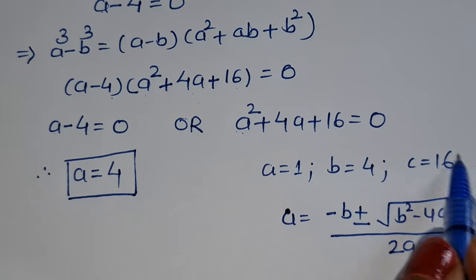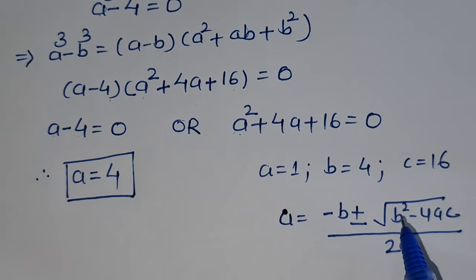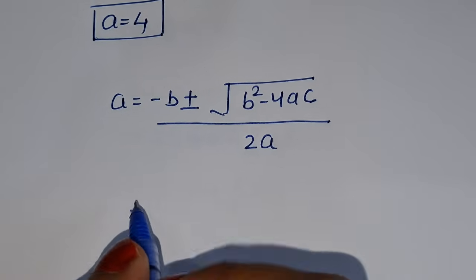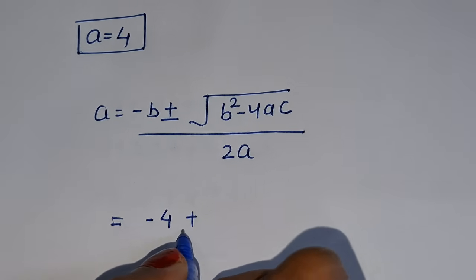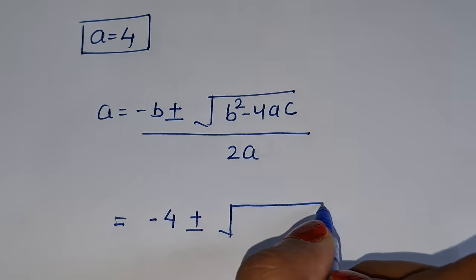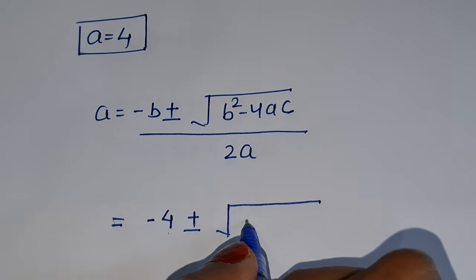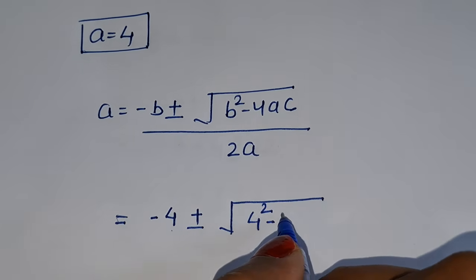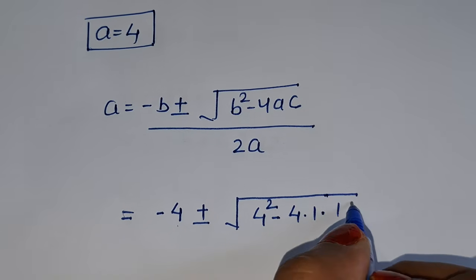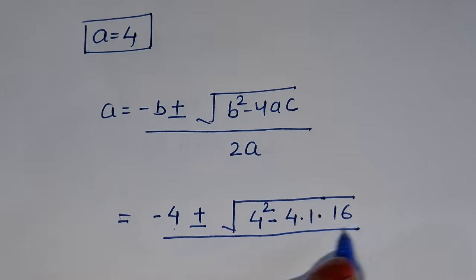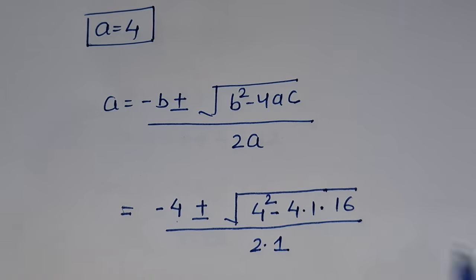Now we have to substitute the values in this formula. A is equal to minus b, b is 4, so minus 4 plus minus square root of b square, b is 4, so 4 square minus 4 times a, a is 1, times c is 16, divided by 2 times a, a is 1.